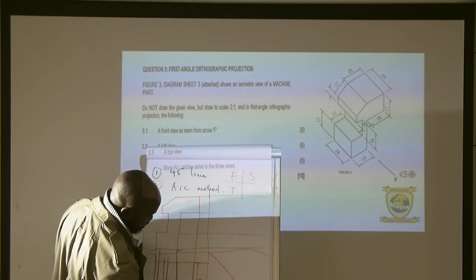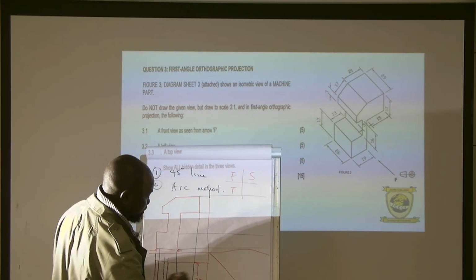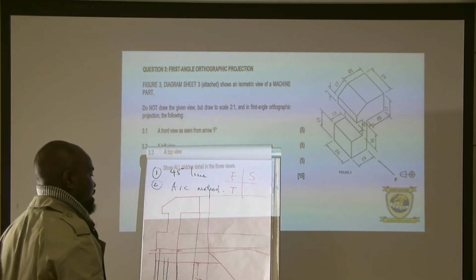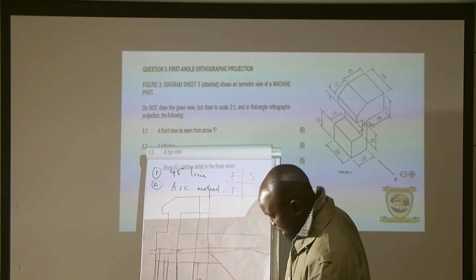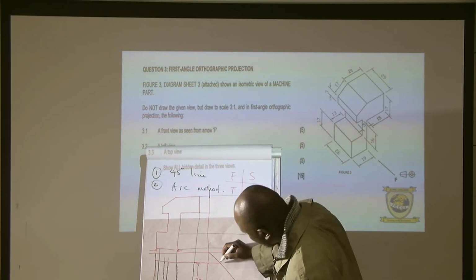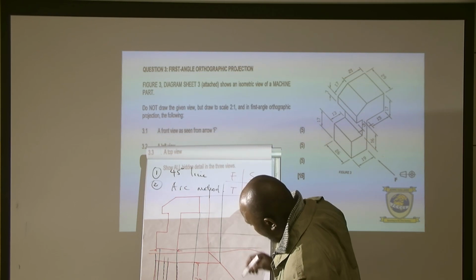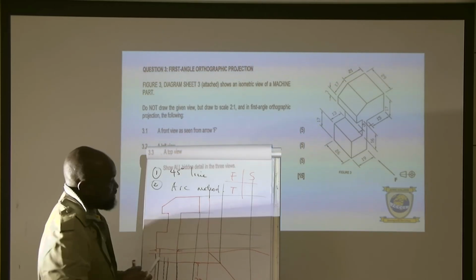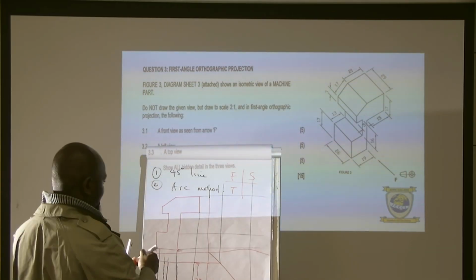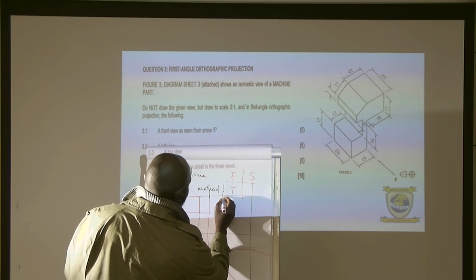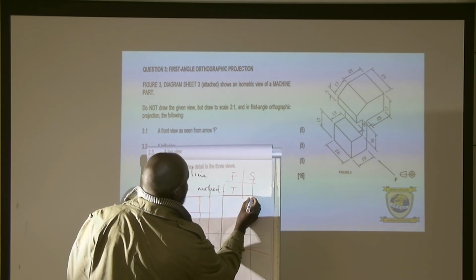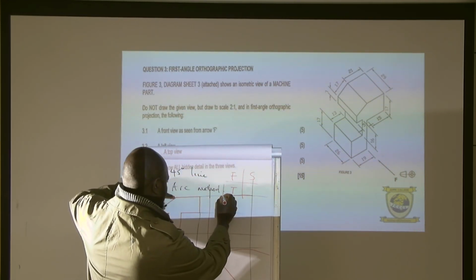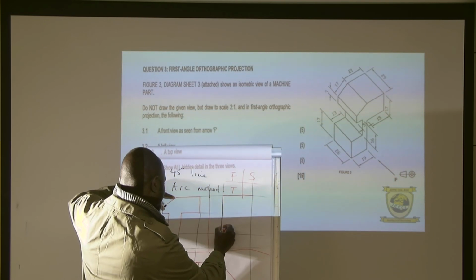Now we project these lines onto the 45-degree line, and then you project them upwards. You will have that as a visible line.